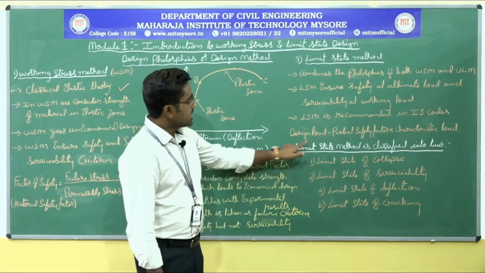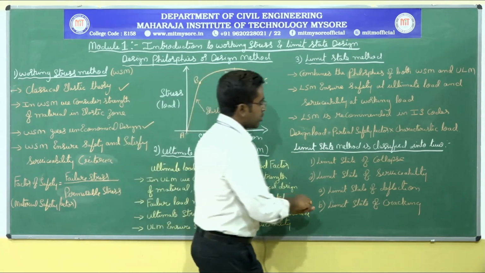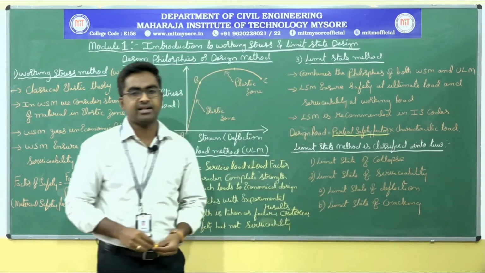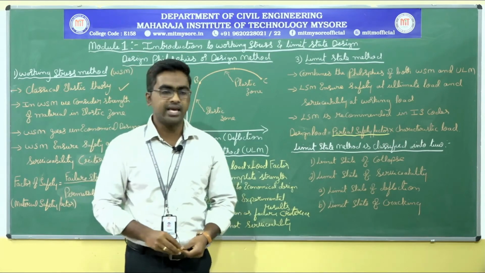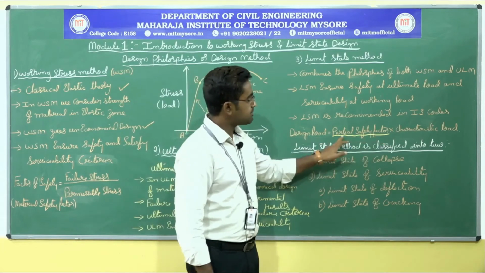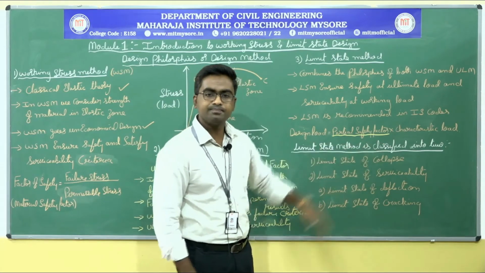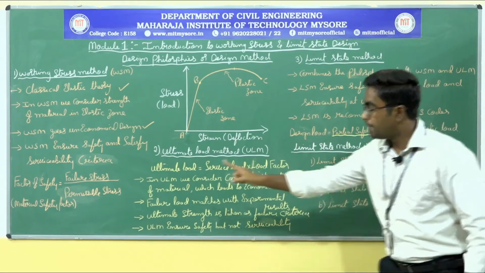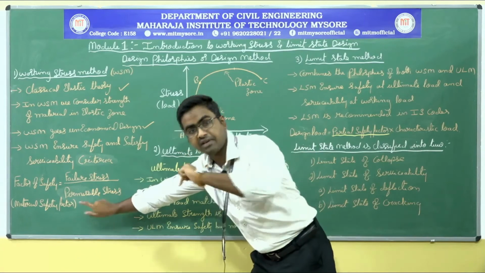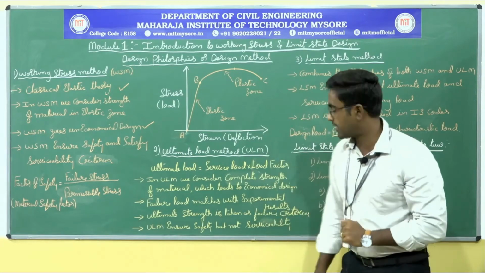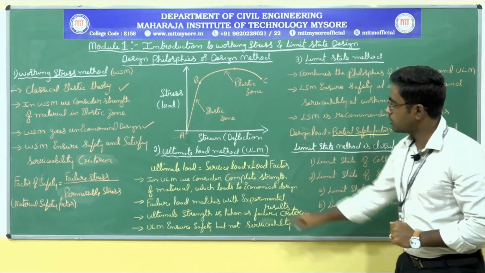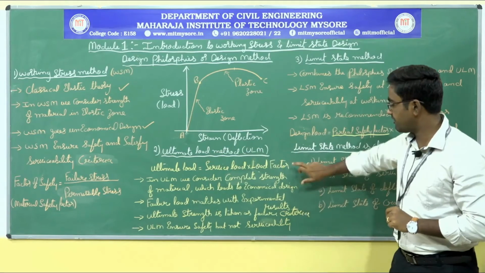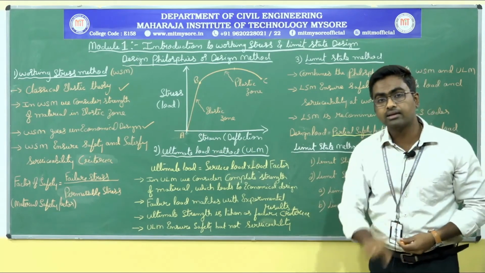Next. See, in the limit state method, we are going to use a factor, and that factor is called the partial safety factor. Even this is very, very important. See, the factor is called partial safety factor because in the limit state method, we are using a partial material safety factor and also a partial load factor.